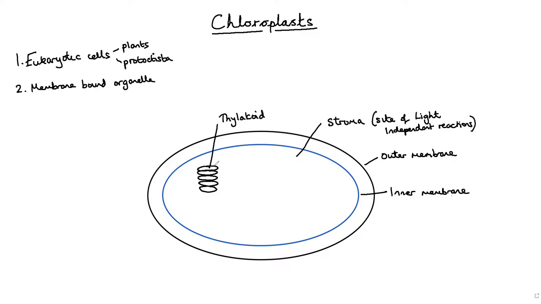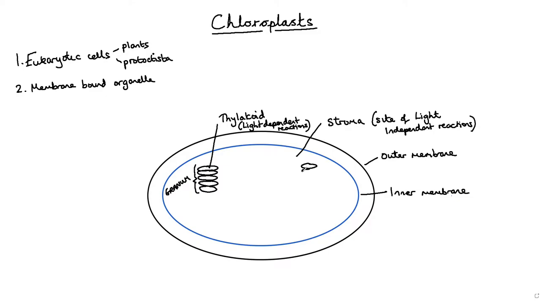And for those of you doing higher level biology, again, this is the site of the light dependent reactions. And when I say this is the site, the membrane of the thylakoid is the site of the light-dependent reactions of photosynthesis. So a stack of thylakoids is called a granum.